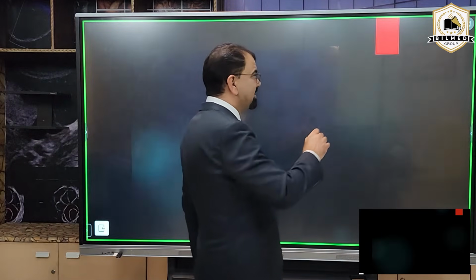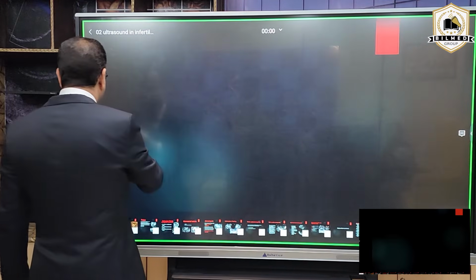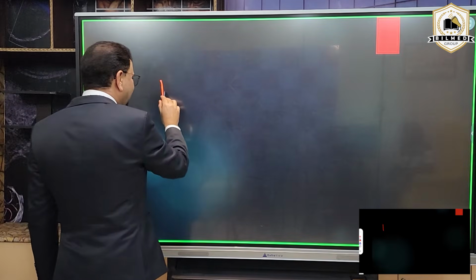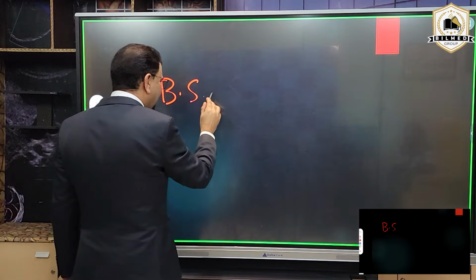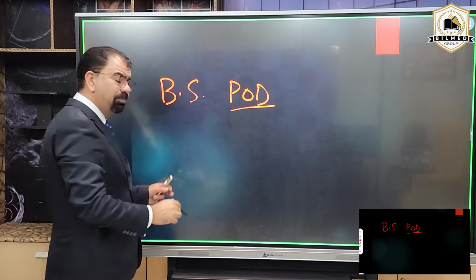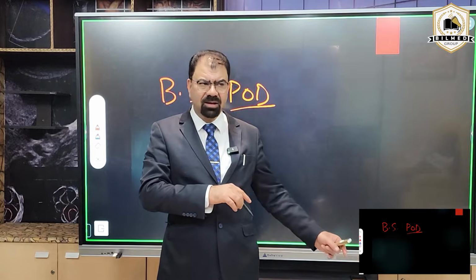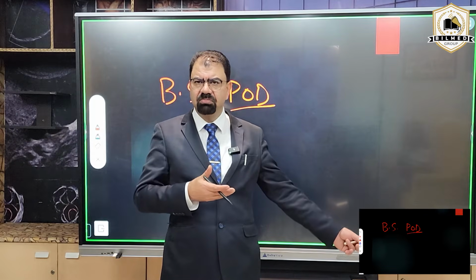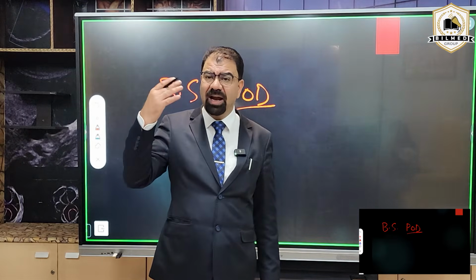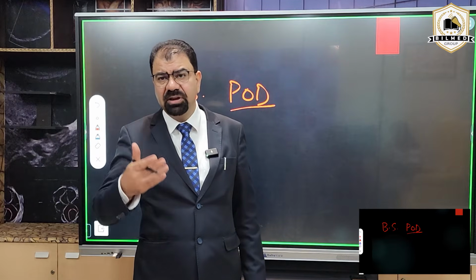If in the baseline scan I don't have any POD fluid, then POD fluid seen at 12, 13, 14 days will be an indicator that the fluid is due to the rupture of the follicle.